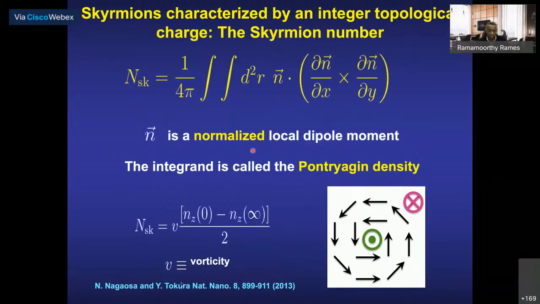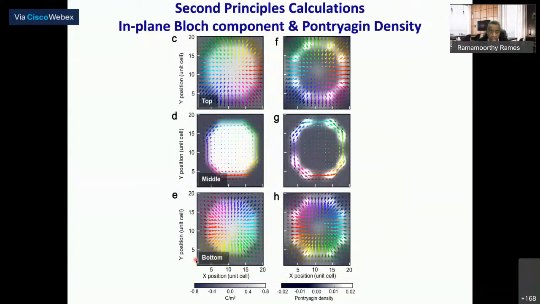Okay, and it's a function of the vorticity of the skyrmion, rotating this way or this way. So again, ab initio theory said exactly the same, that if you look at the top of these skyrmions, it looks like a porcupine coming out like this. Those are the Néel part of this skyrmion. If you look at the bottom, it is going underneath it and it's coming up.